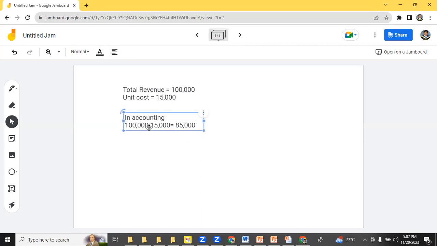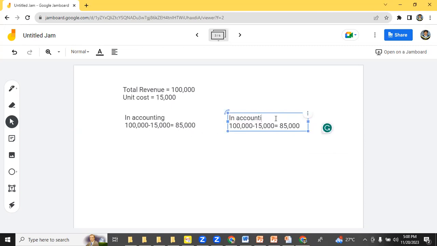Kung in accounting, you just deduct the 100,000 ang total revenue sa imo unit cost or sa imo expenses, total cost, which is 15,000 sa ating example. Okay? So, your net profit would be 85,000 afterwards.